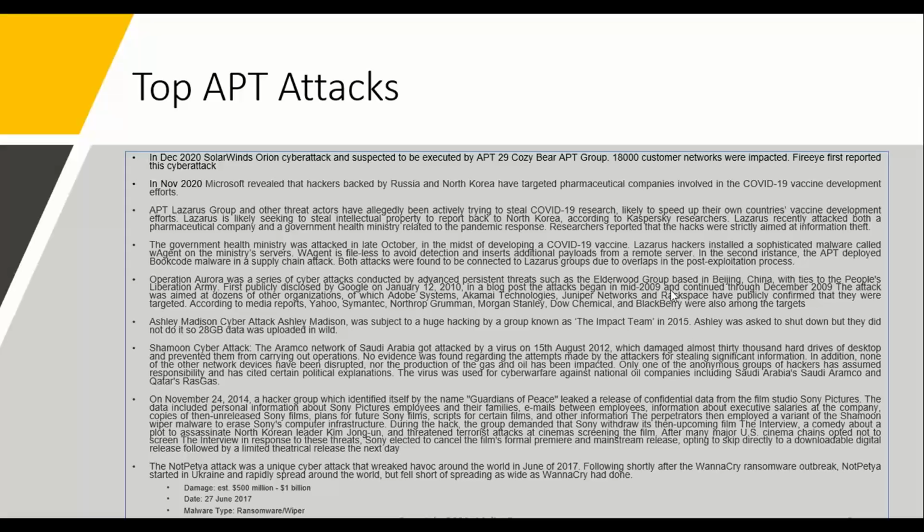The attacks began in mid 2009 and continued through December 2009. This is one of the reasons Google came up with the zero trust architecture, and they disclosed that in Operation Aurora the database got compromised because of the advanced persistent threat.